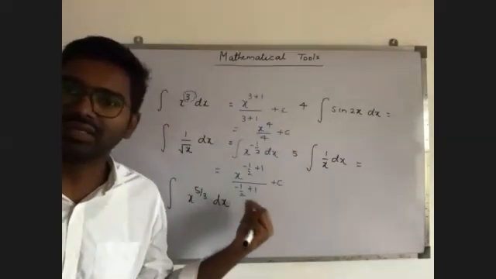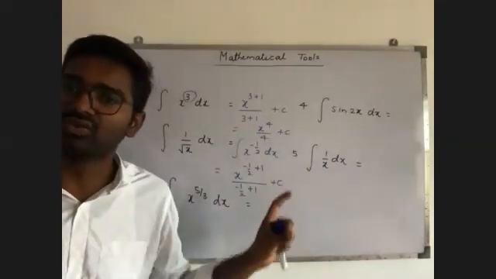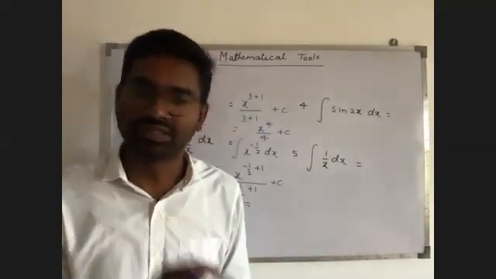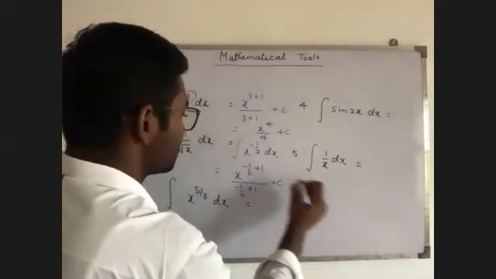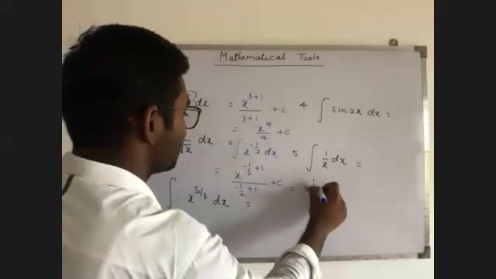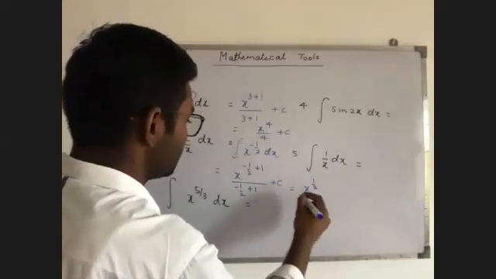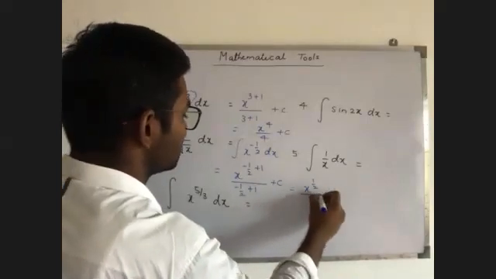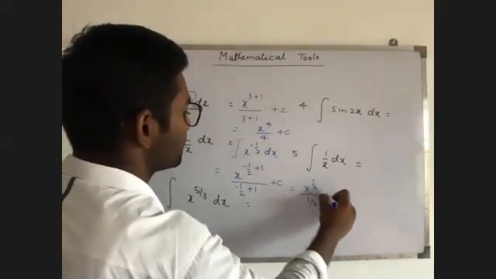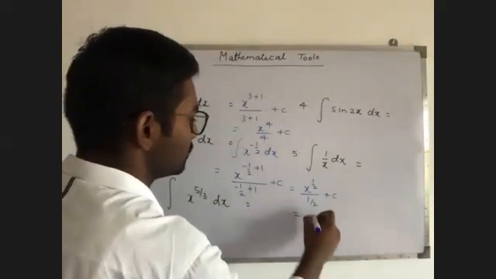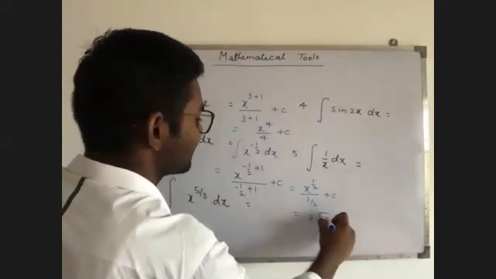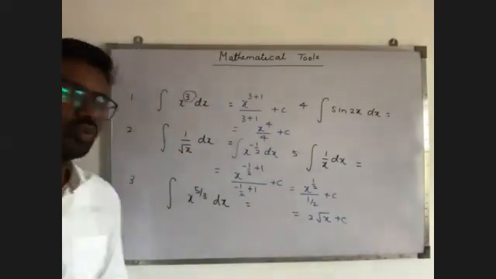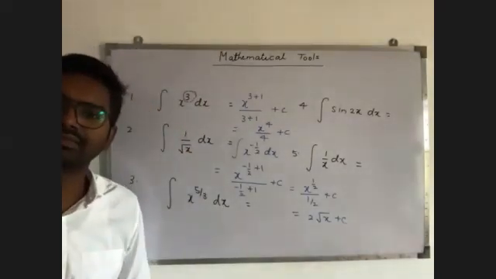We use the formula x to the power n plus 1 divided by n plus 1 plus c. So this is nothing but x to the power half divided by half, plus c, and this is nothing but equal to 2 root x plus c. Is it right? How many of you get 2 root x plus c?